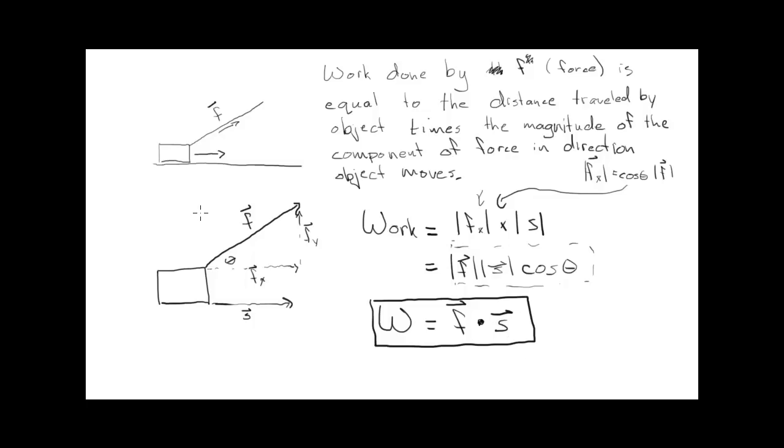Before we do an example, we'll talk about the units. Work is a new sort of measurement, so we're going to need units for work. Remember that work is equal to the magnitude of the force times the distance. Distance we measure in, let's say, meters, and force we measure in newtons.